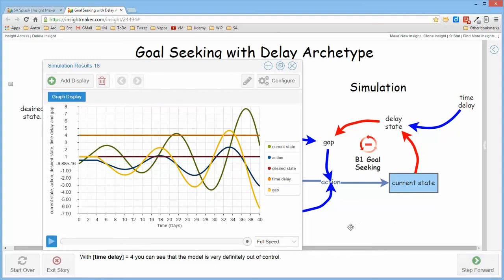And even with a longer delay, you can end up with a situation where the behavior is actually out of control. So someone says, well, how can the delay be such that you don't know what the current state is before you act?